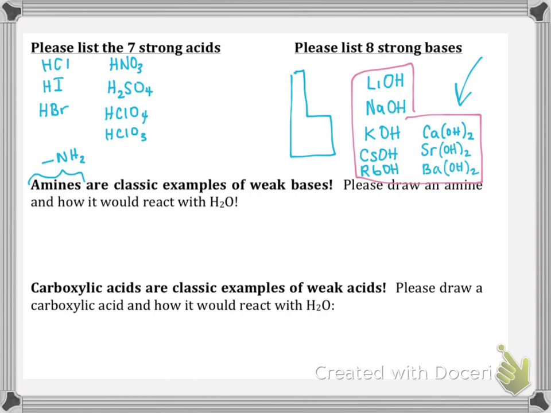And our favorite example of this is ammonia, NH3. And when you put this in water, it acts as a base and accepts a proton from the water to make NH4+. And in doing that, it leaves behind hydroxide.